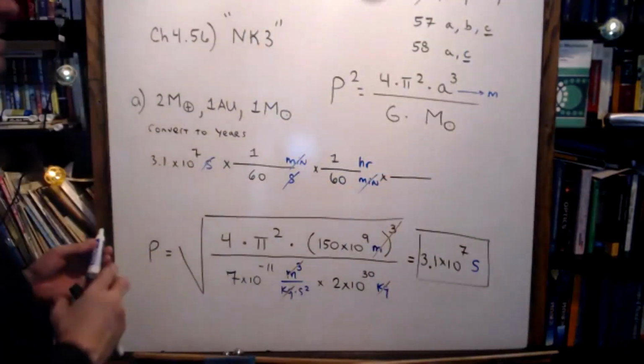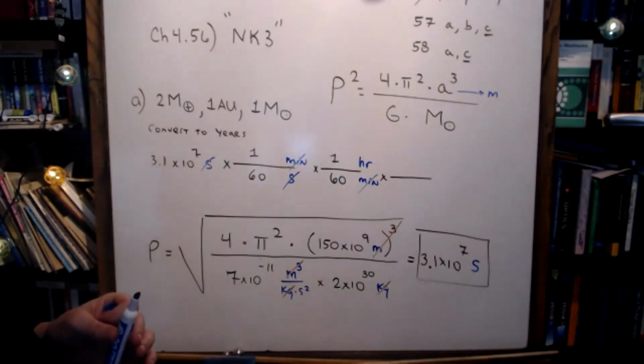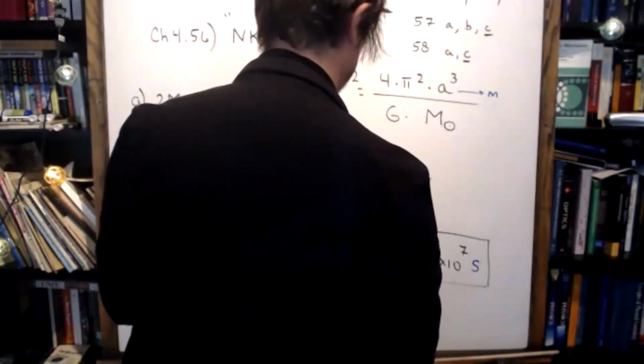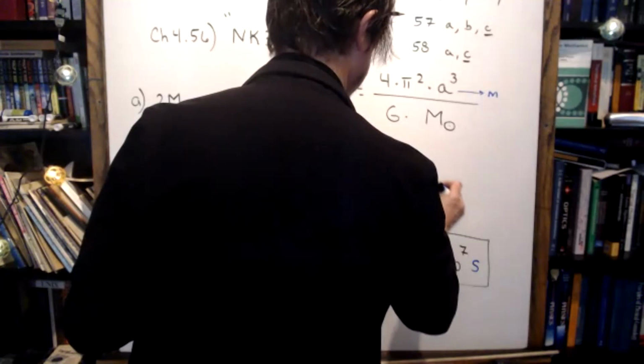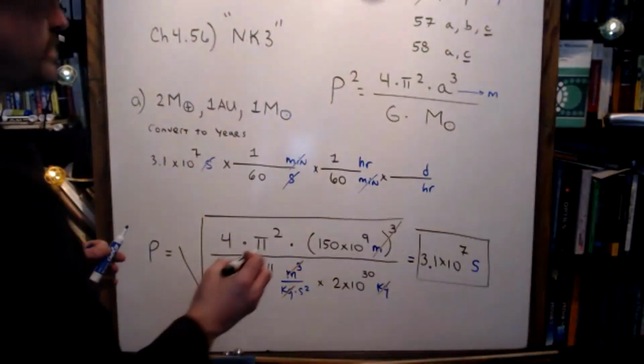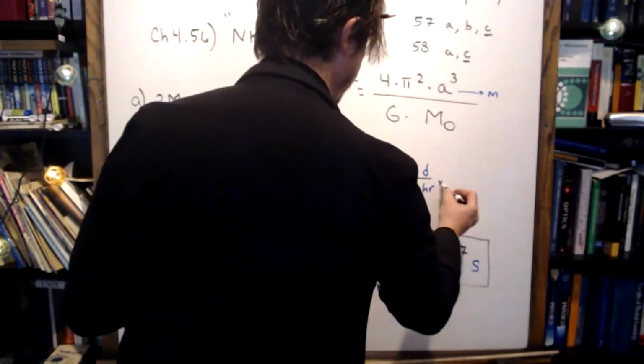What are my next set of units? It would be hours to days. So you'd put day on top and then hour on the bottom. And how many hours in a day? 24. So 1 day is 24 hours.